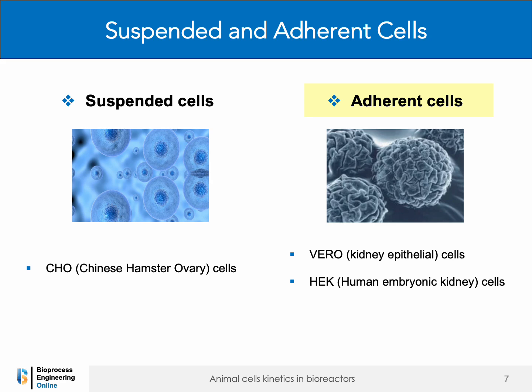The second is adherent culture, where cells grow attached to a solid surface, such as microcarriers suspended in the bioreactor. Examples include Vero cells, derived from monkey kidney epithelial cells and widely used for viral vaccine production, and HEK cells, or human embryonic kidney cells, which are commonly employed to produce therapeutic proteins and viral vectors for gene therapy.